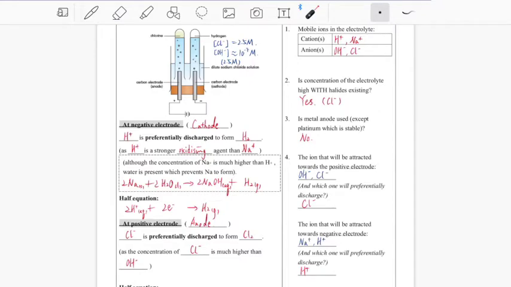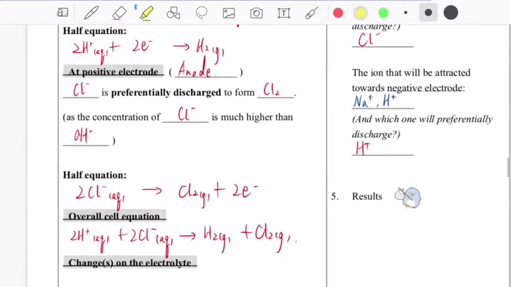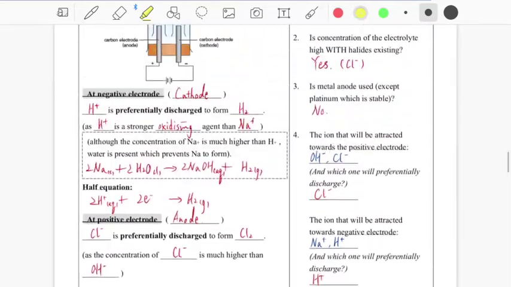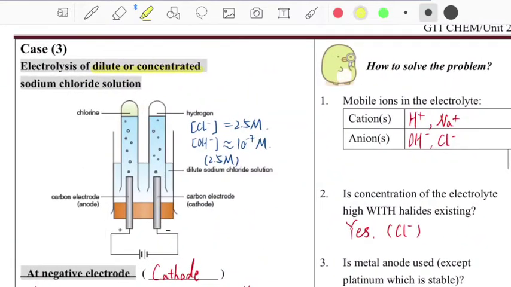On the right hand side, which is a negative electrode, we have our hydrogen gas produced. And if we compare the mole ratio in the overall equation, in principle, it should be a 1:1 ratio. So we expect the volume of the chlorine gas and hydrogen gas produced to be roughly 1:1.